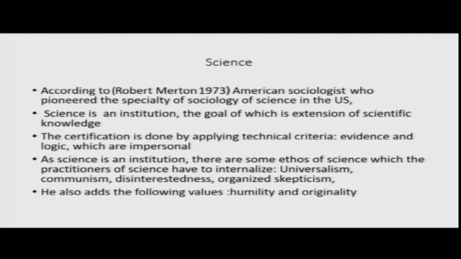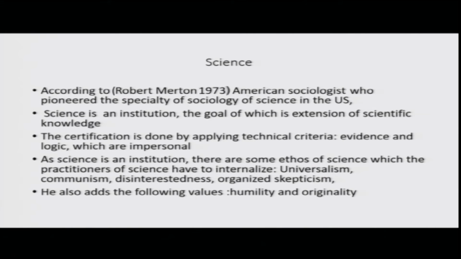Robert Merton in the United States, an American sociologist who pioneered the specialty of sociology of science in the US along with his colleagues, according to him, science is an institution, the goal of which is extension of scientific knowledge after due certification. The certification is done by applying technical criteria like evidence and logic, which are impersonal, and in that sense they are technical.